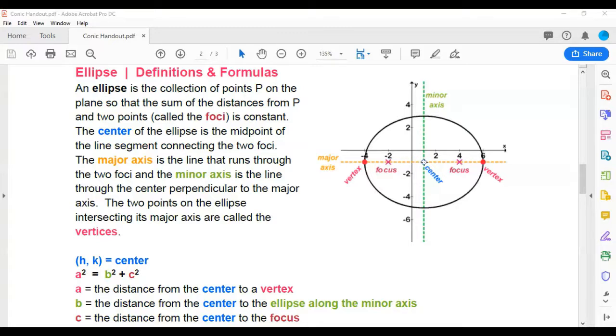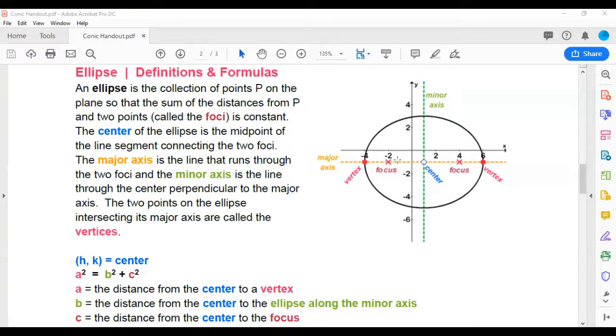So if I look at those three distances, A, B, and C, the longest distance is going to be A, because that's along the longest axis and it goes from the center to the end. So we have a relationship, which I'm not going to establish or prove here, similar to, but different from the Pythagorean theorem: A squared is B squared plus C squared.